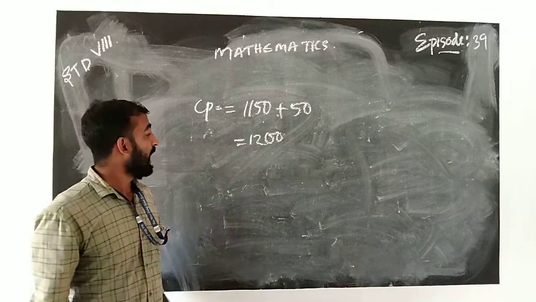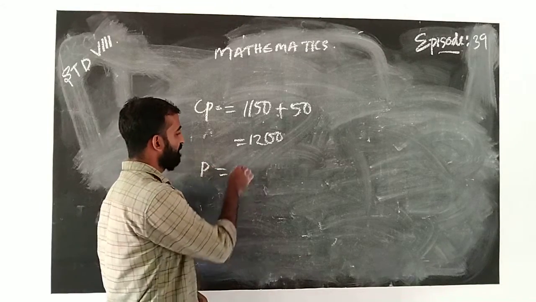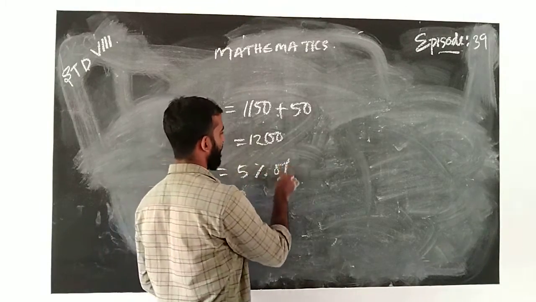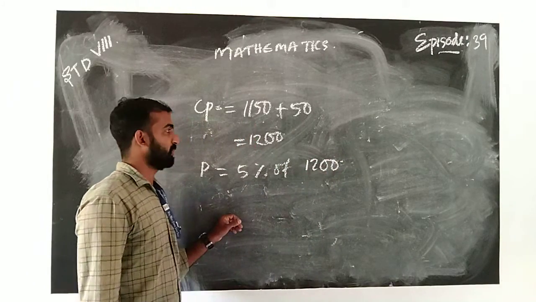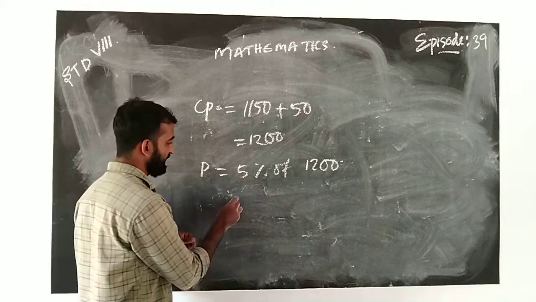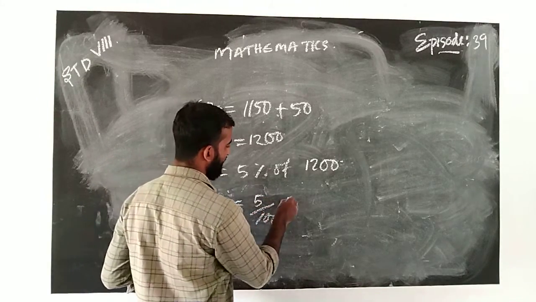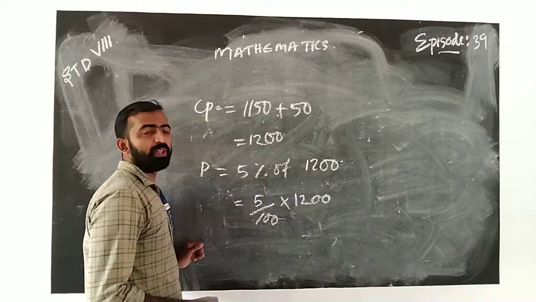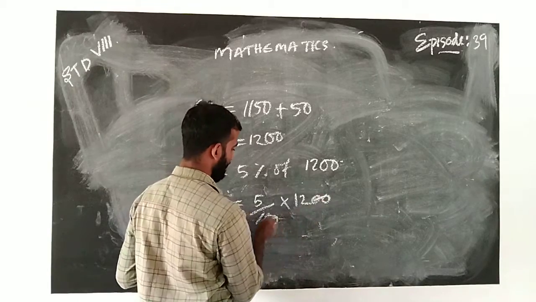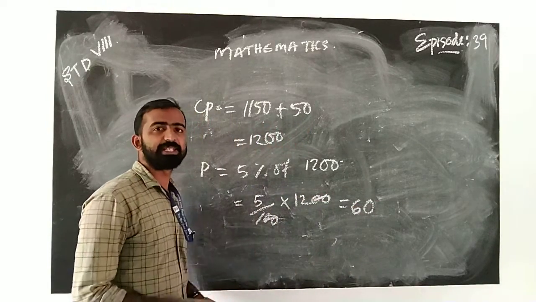Next, profit equals 5% of 1,200. We get 5 by 100 into 1,200, which is 60. Profit is 60.